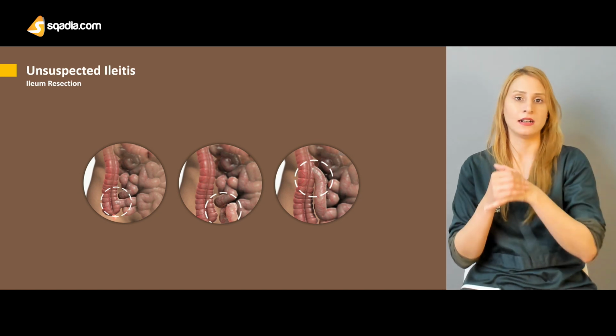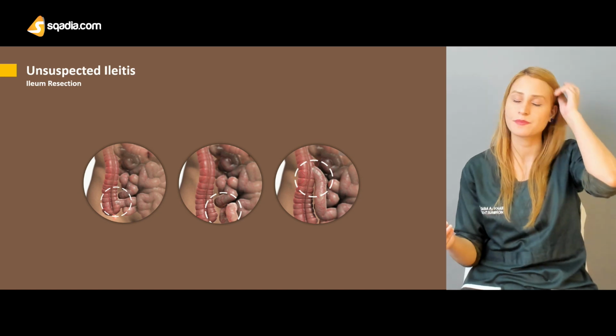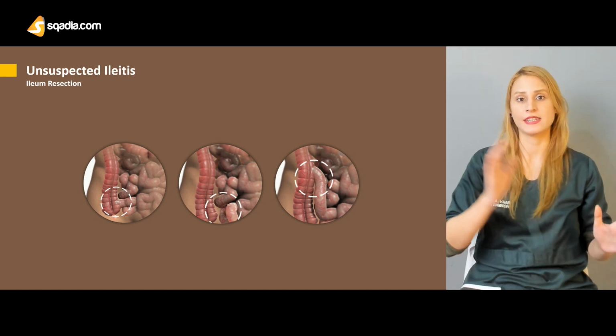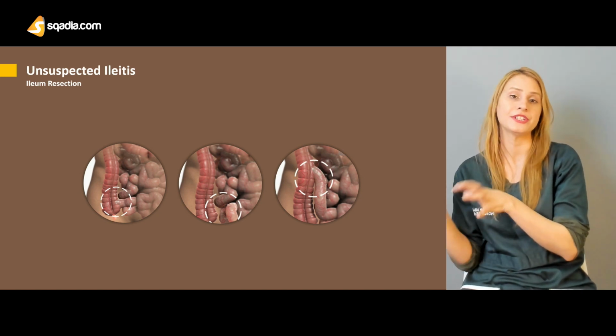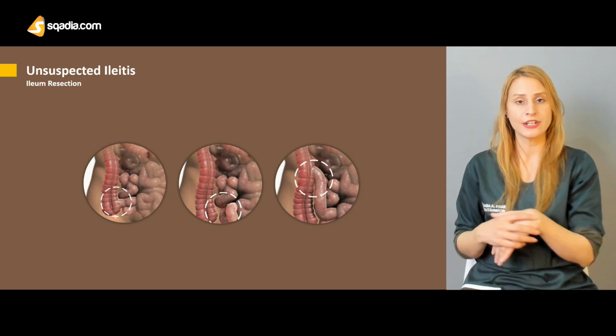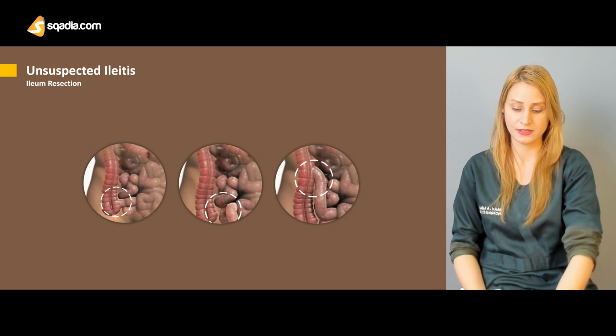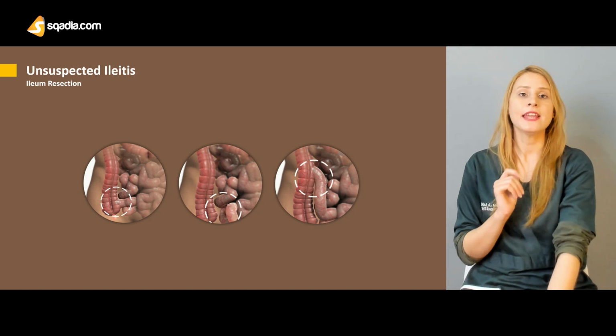You can do an end-to-end anastomosis, or it's probably a side-to-side anastomosis in case of the ileal resection. Either single layer extramucosal, or double or multiple layer anastomosis, depending on you. Now, another confusion, in case of unsuspected ileitis, is whether you have to do the appendectomy or not.